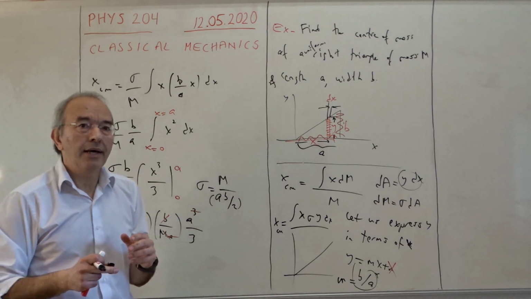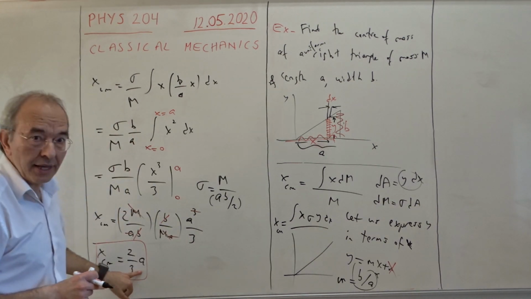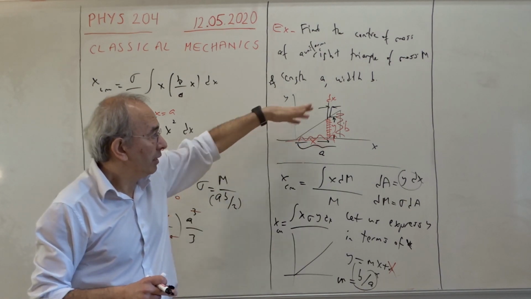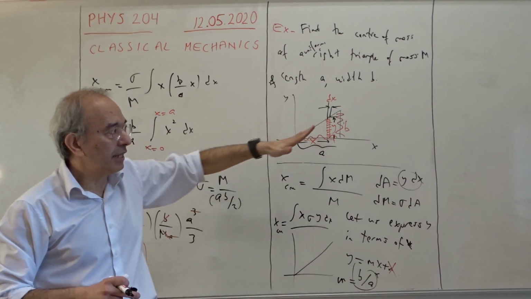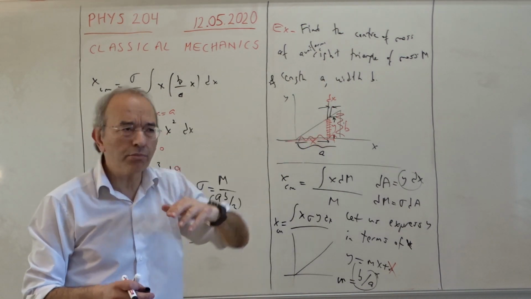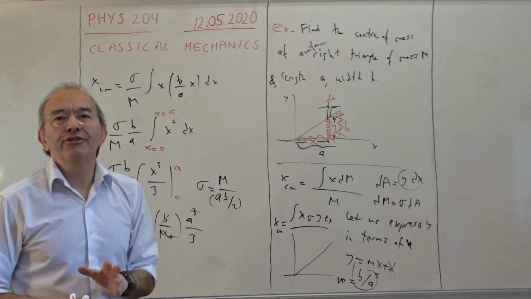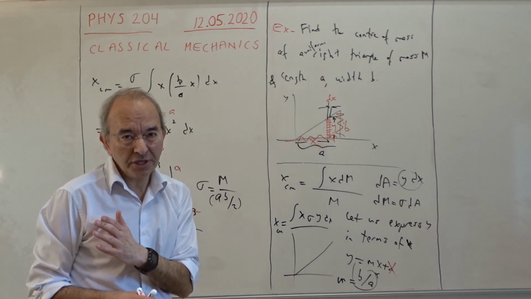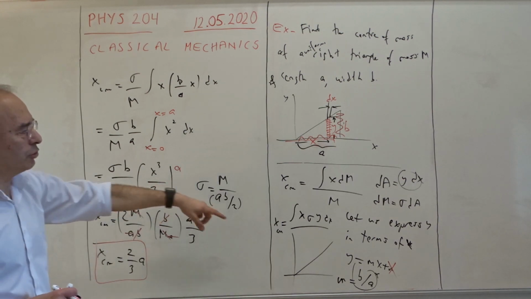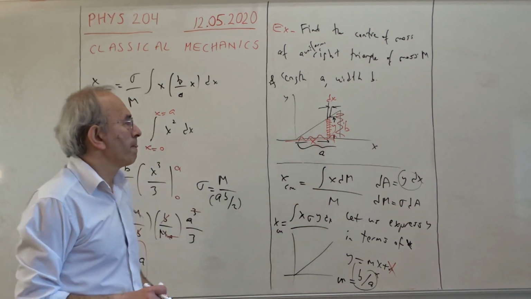It depends only on a, provided that this is a line. If it were a curved edge, for instance, like y equals x squared, a parabola, then we wouldn't conclude that it is 2/3 from the beginning, because that substitution would be something else in that case.